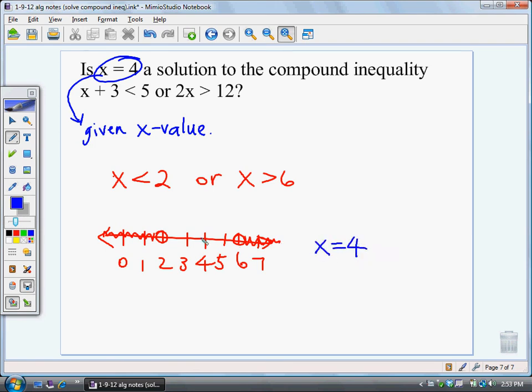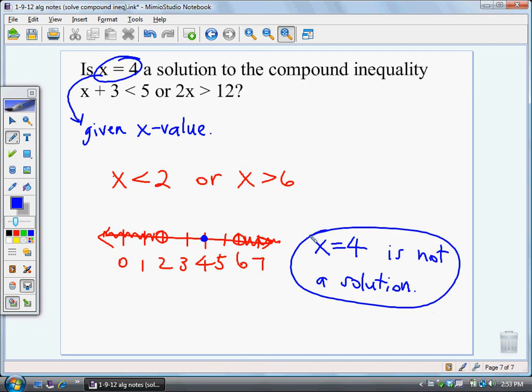Graphing x equals 4 is a dot there. And so you would say x equals 4 is not a solution because it's not in any of the shaded areas in my graph. This piece right here was the x is less than 2, and that piece right there was the x is greater than 6. X equals 4 is not a part of either one of those shaded areas.